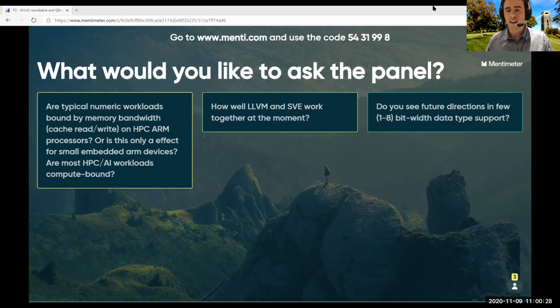The LLVM backend supports SVE. Clang doesn't for now. So as far as I'm aware, if you grab the latest Clang LLVM source code, you won't be able to compile a C program from start to finish to an SVE target. But I think support for that is planned for sometime next year.